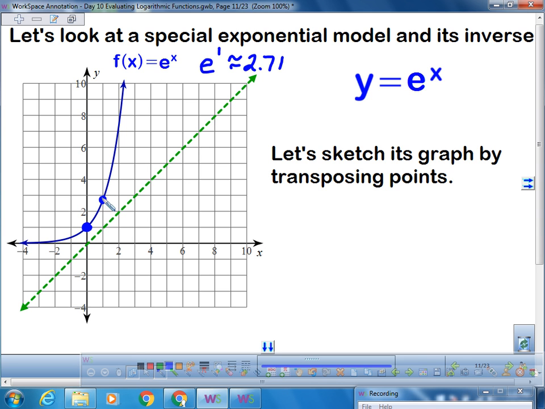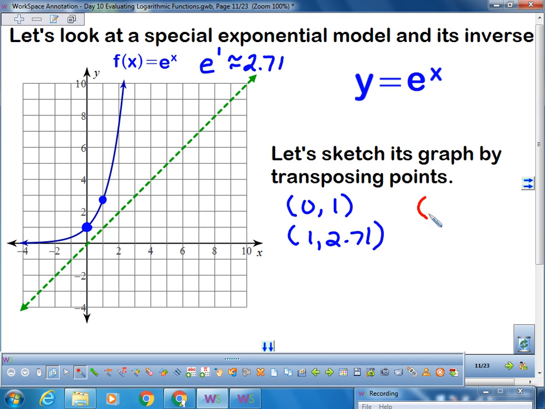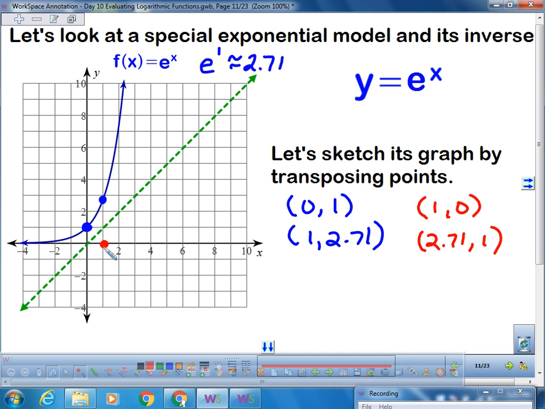Wouldn't I just transpose (0, 1) and (1, 2.71)? If I transpose those, I get (1, 0) and (2.71, 1). So (1, 0) here, and I put in 2.71. I really don't need any more than that.